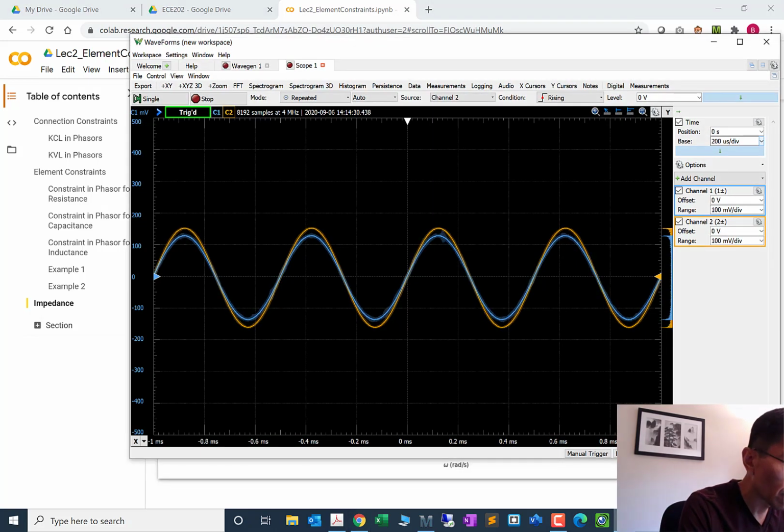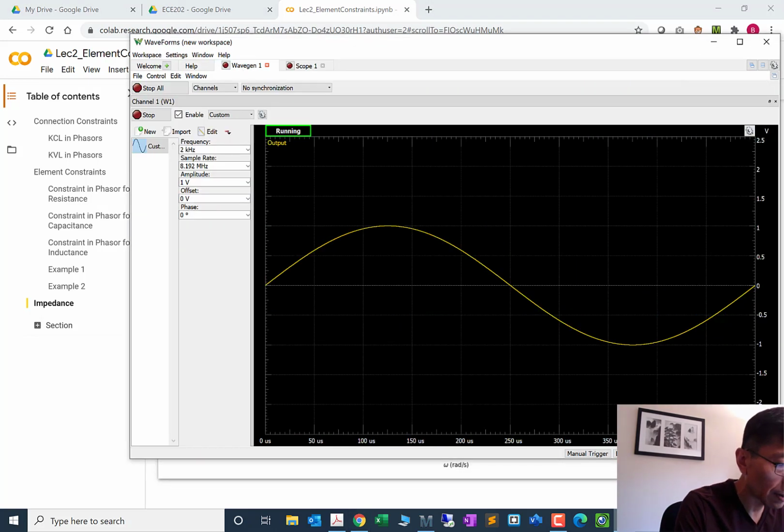Right now, I'm generating 2 kilohertz. That's not at the resonant frequency, right? The resonant frequency is about 5 kilohertz, exactly 5033 hertz.